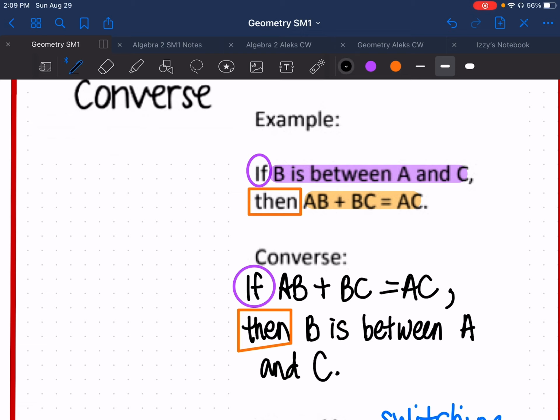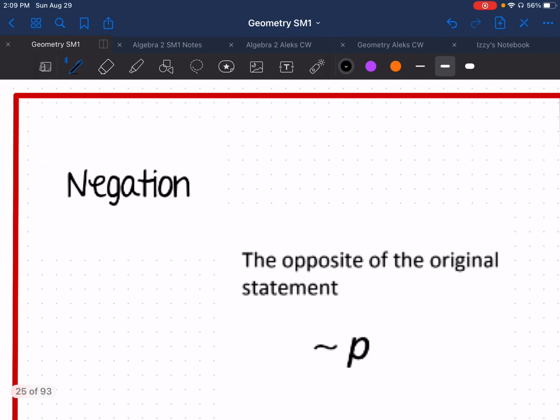And I also kept my comma right after the hypothesis. Okay. This is the converse. All right, next we're going to talk about negation.